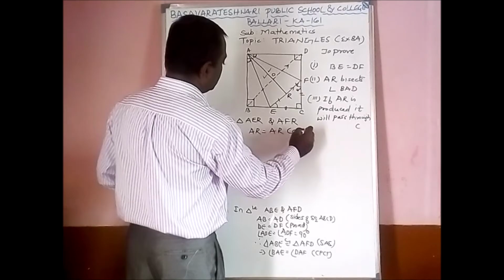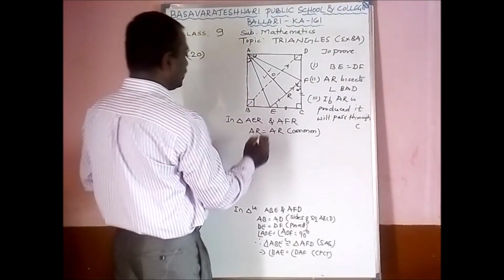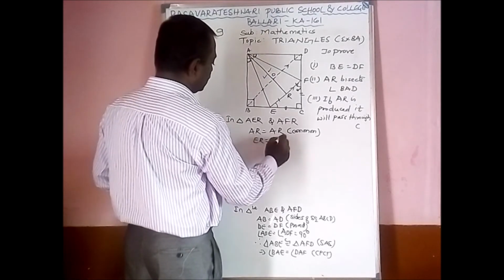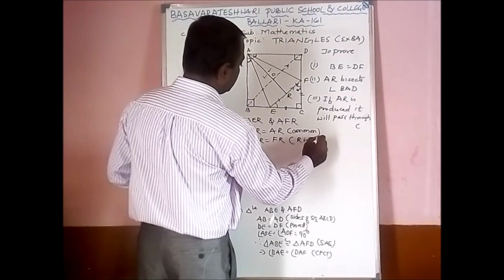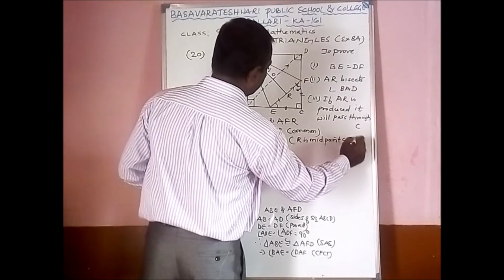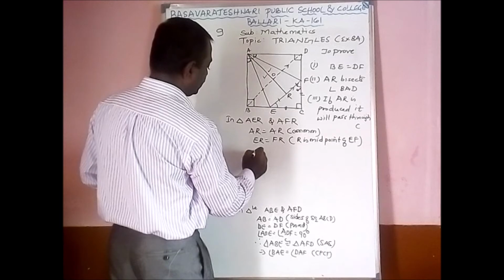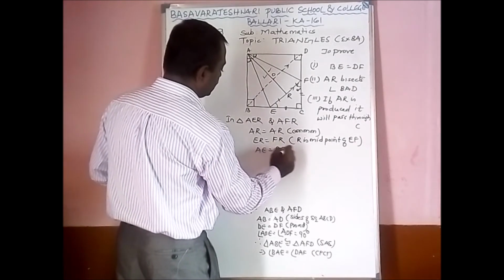One more side is there, ER is equal to FR, because R is the midpoint of EF. We also proved AE is equal to AF.